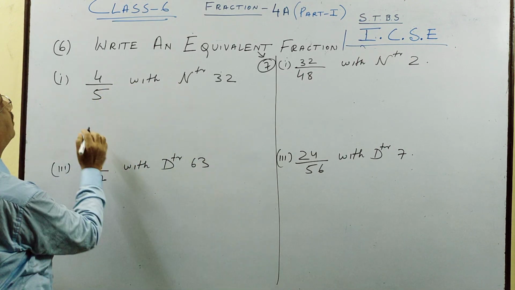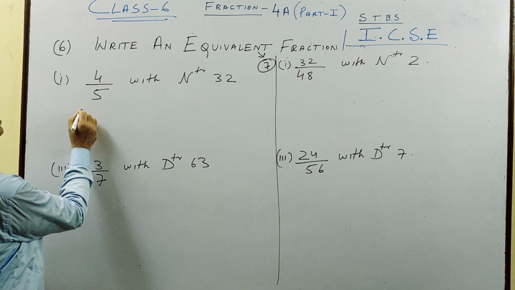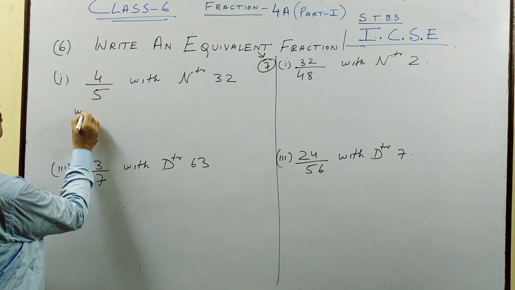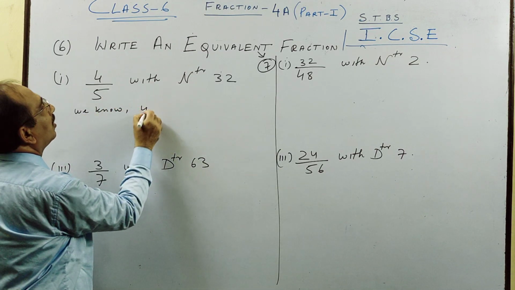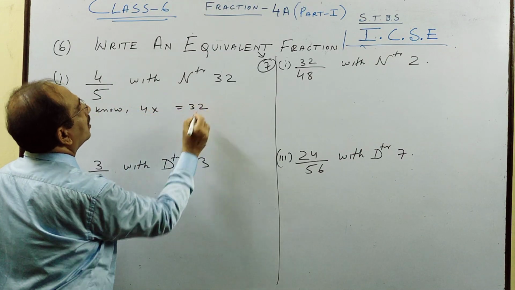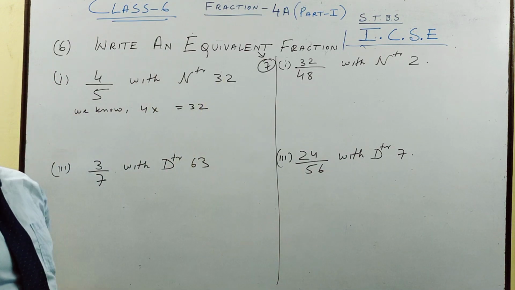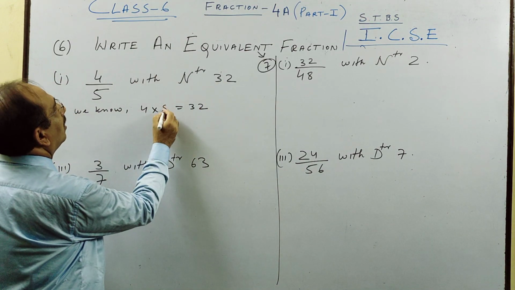So I want numerator 32. 4 into what will give you 32? 4 I want to make 32. 4 8s are 32.